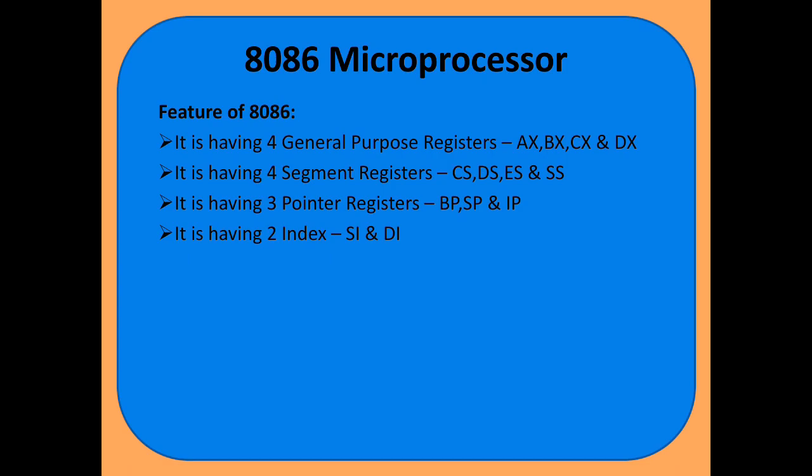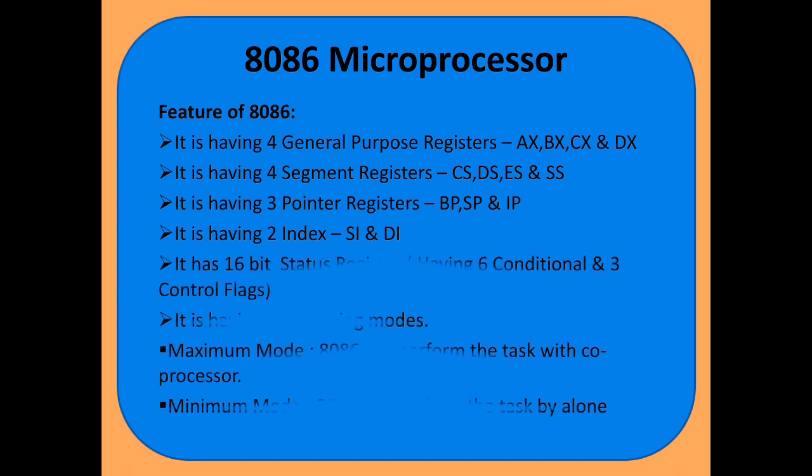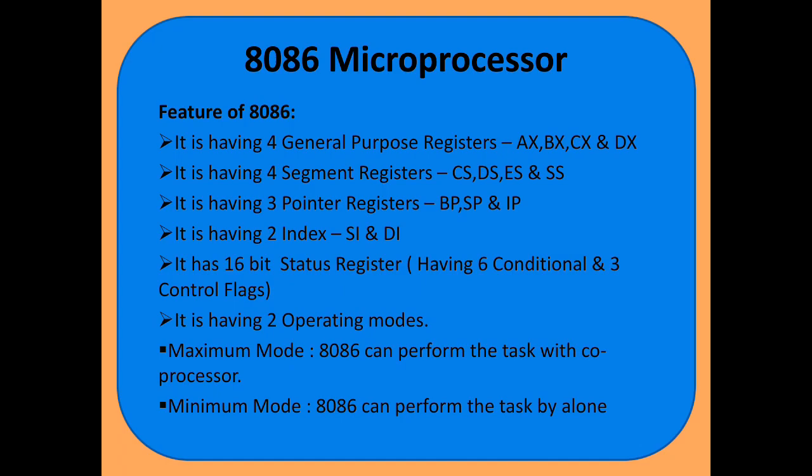It has 3 pointers: stack pointer, instruction pointer, base pointer. It has 2 index registers: source index and destination index register, and 2 operating modes. The 2 operating modes are maximum mode and minimum mode. In minimum mode, we have a chance to perform the functions of any function using the 8086 only.